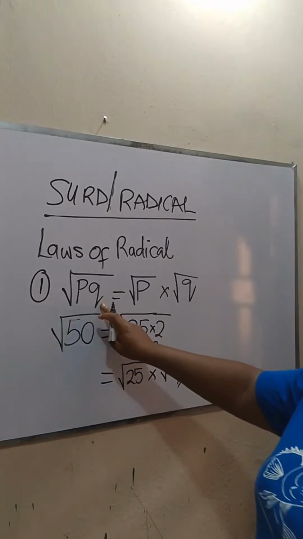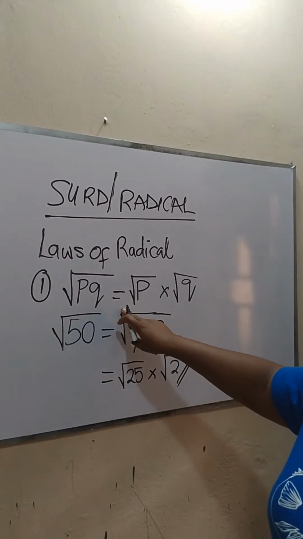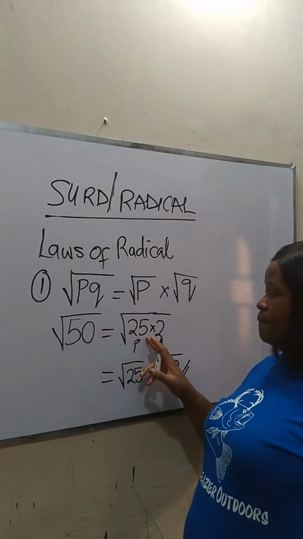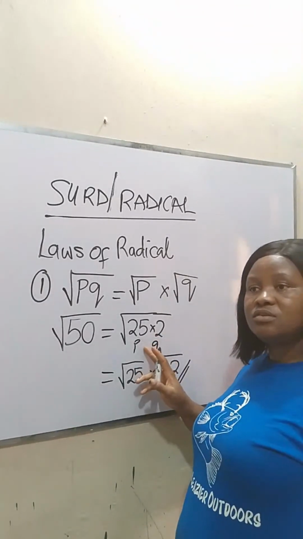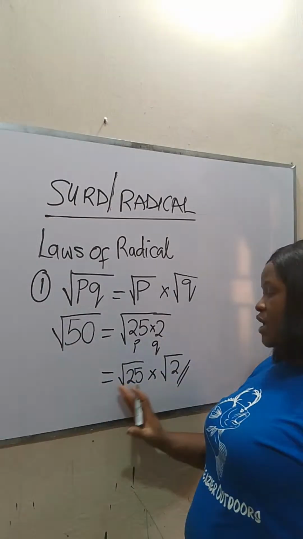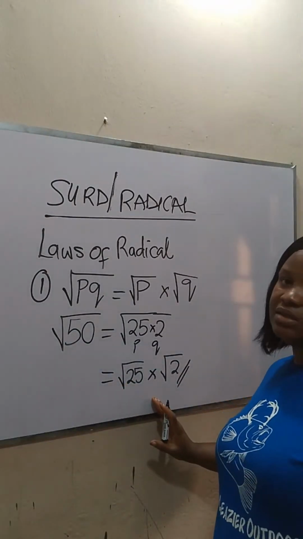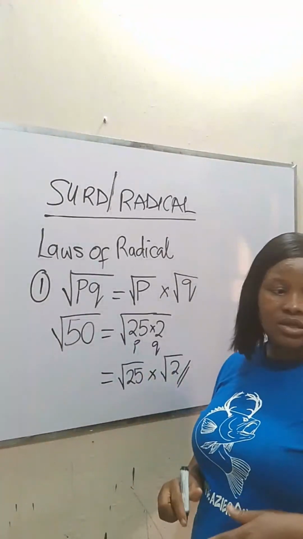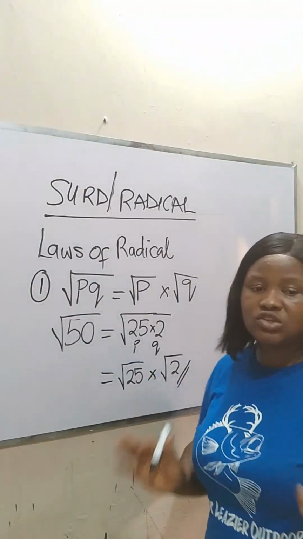That is what the first law of radicals is talking about: if you have multiplication of two numbers under the square root, you can separate them like this. So that is the first law. I'm going to clean it and show you the second law.